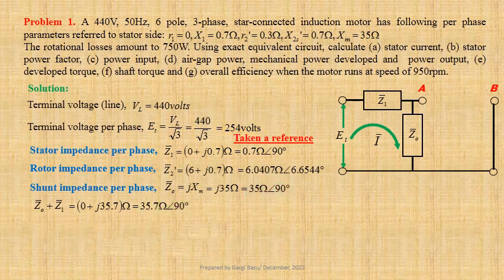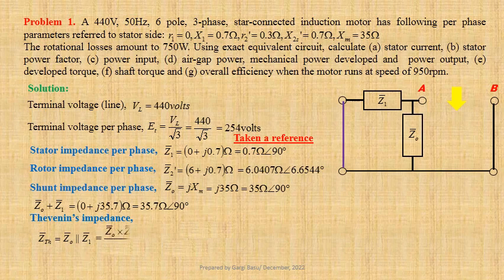To determine Thevenin's impedance, let us short circuit the voltage source. Now, the impedance as seen from terminals A and B is our Thevenin's impedance. Z-Thevenin equals Z0 parallel with Z1, that is equal to Z0 into Z1 divided by Z0 plus Z1.